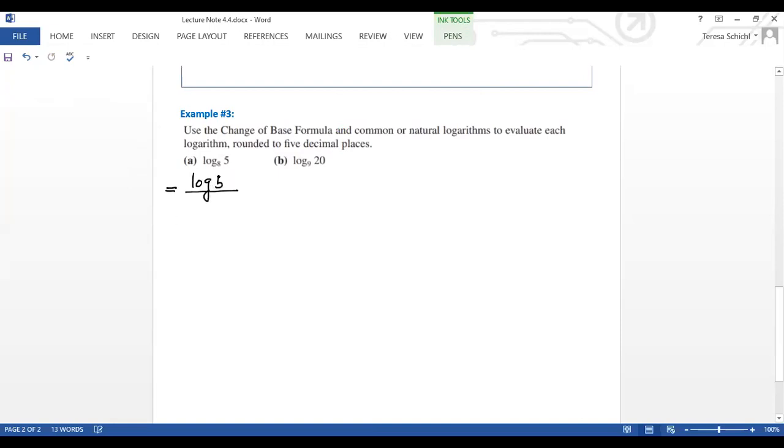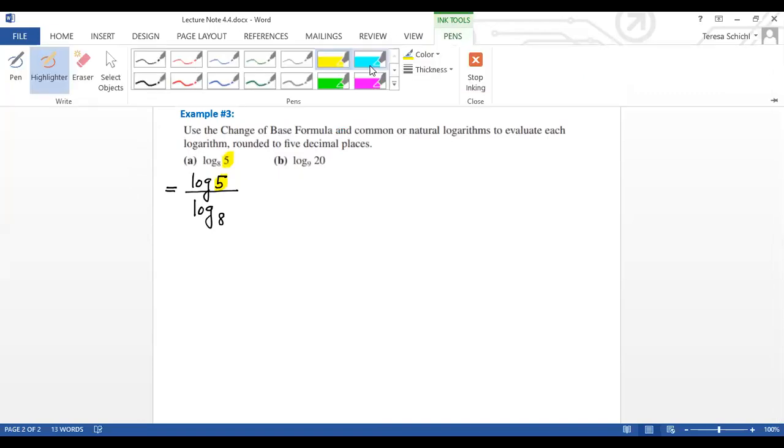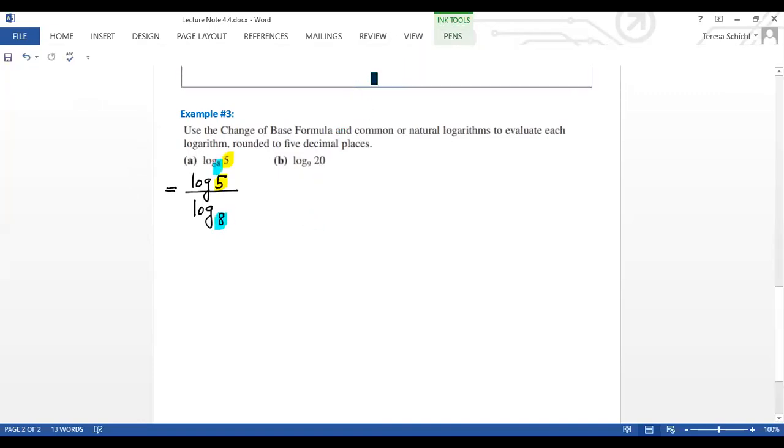You put log 5 here, and log 8 here. It's pretty easy. 5 goes here, and 8 goes here. I have to be careful, this is not a base, so this is 8 here. Now you use your calculator and put in log 5 and log 8.